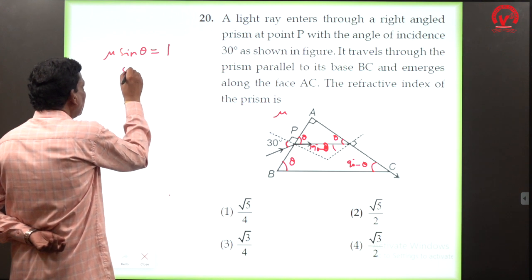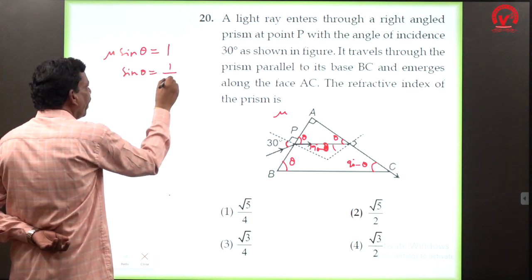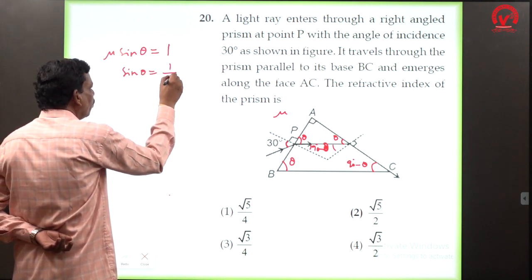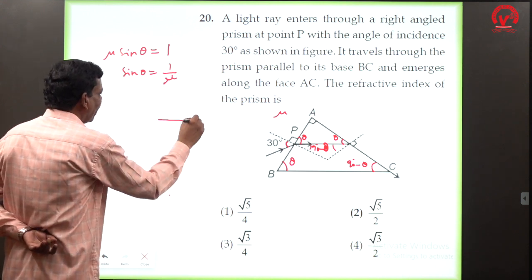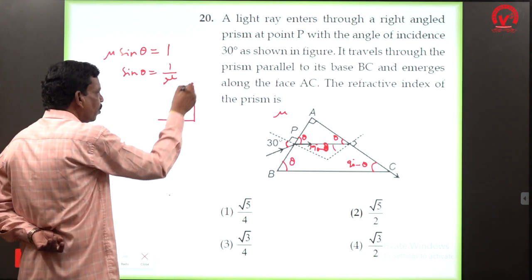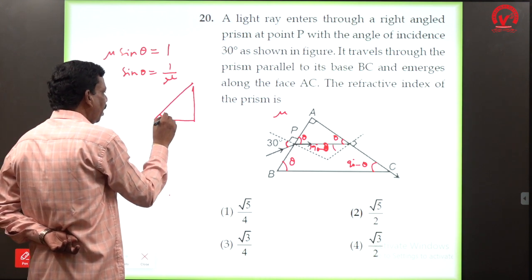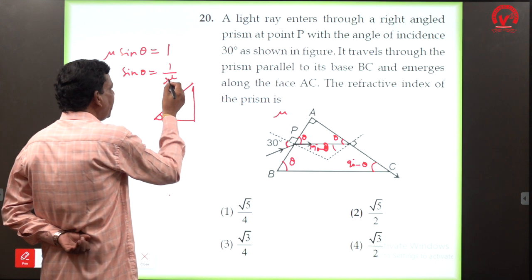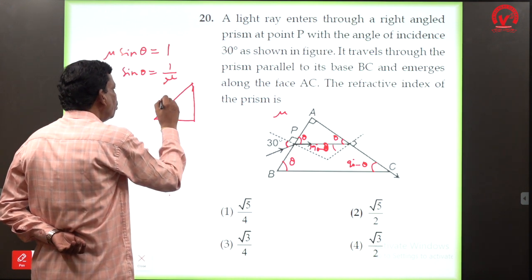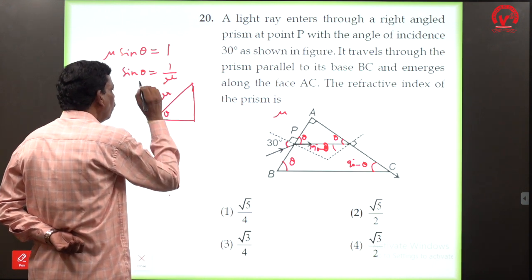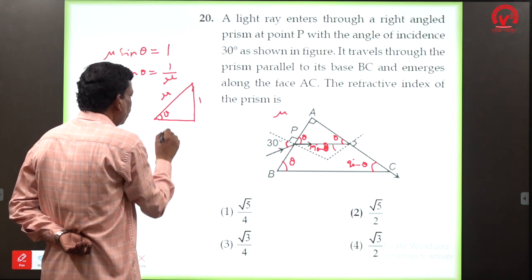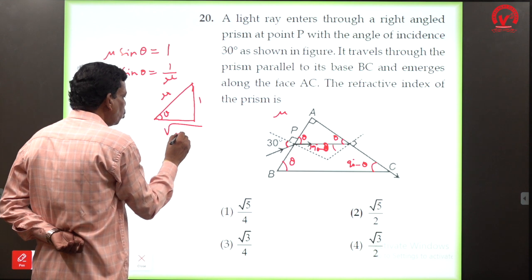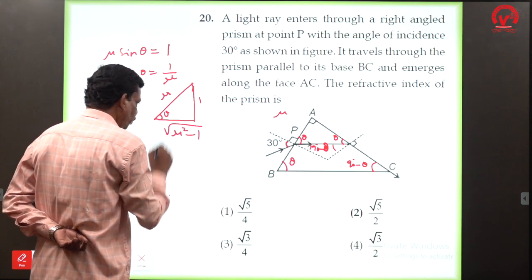Then sin theta is equal to 1 by mu. Okay, let's take one right angle triangle. Here theta. Which side is mu? It is mu. Opposite side, it is 1. What is this? Root of mu square minus 1.